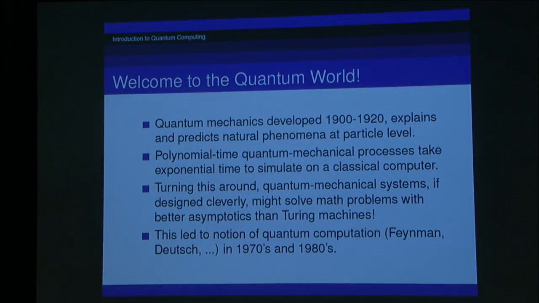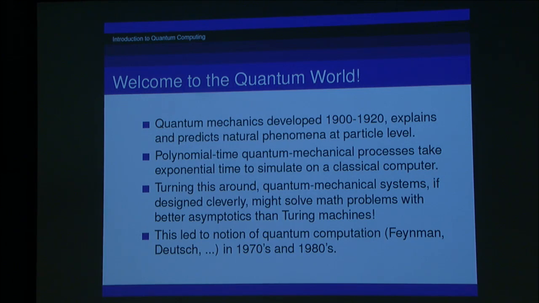Quantum mechanics developed at the start of the 1900s, and it explains and predicts natural phenomena at the particle level. If you don't have intuition, it's because you didn't play with particles as a toddler, so it's normal to not have an intuition for this. Quantum mechanical processes were taking exponential time to simulate on a classical computer.